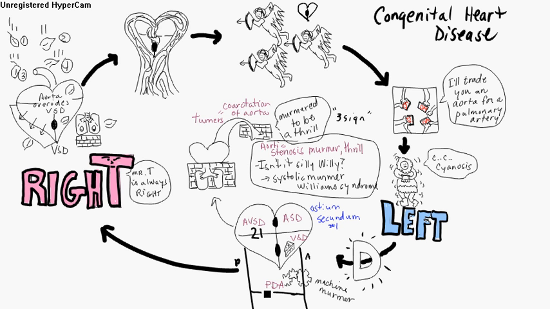It's got a soft S3. You've got treatment with indomethacin and sometimes surgical ligation, so that can happen. AVSD is where superior and inferior endocardial cushions do not fuse properly, and it's associated with Down syndrome. That's why there's 21 there.